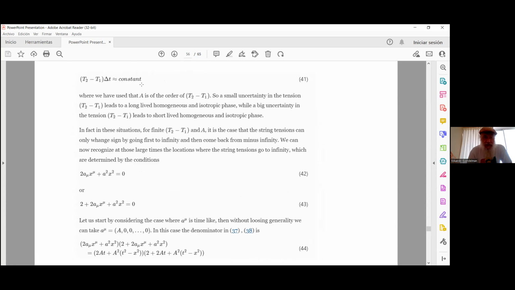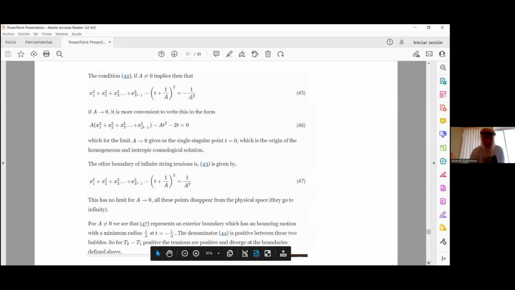So this is a kind of uncertainty relation, so that tells you how long the homogeneous isotropic universe lasts, with a dynamical string tension, until it turns into a brane world. You go back to the exact equation without neglecting anything, and then you go back to the brane world, right?